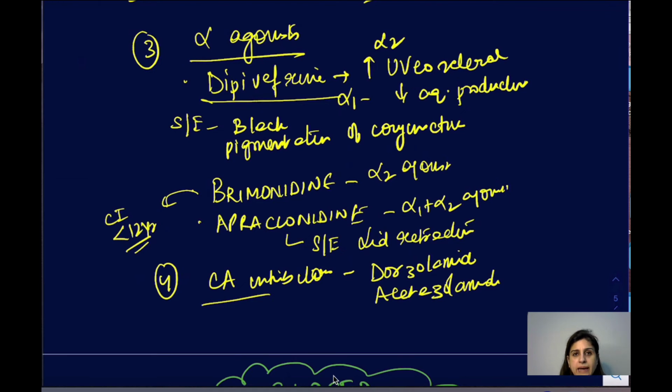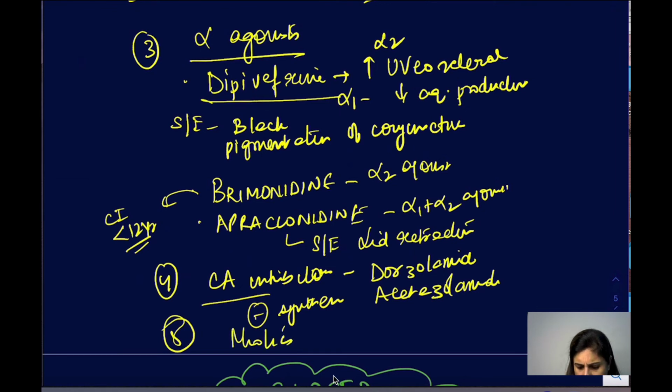If you block that enzyme, there is a decrease in the production of aqueous humor. And the fifth one are the miotics we talked about, but they are not used as first line therapy here, which are physostigmine and pilocarpine, because they don't offer much benefit in such cases and they have a lot of side effects. So these are the drugs for open angle glaucoma.